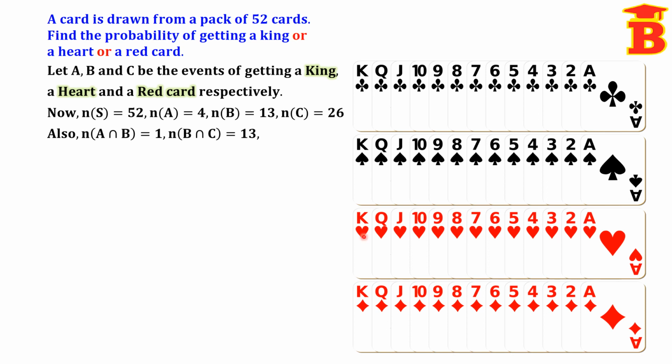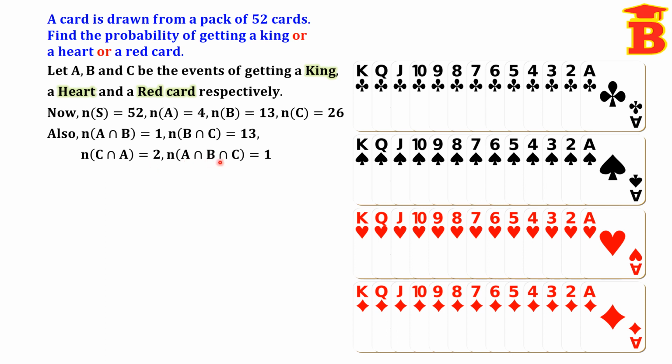So heart symbol, red color, there are 13 cards. So n of B intersection C equal to 13. Next, C intersection A, red card and king. So in red color there are 2 kings. So n of C intersection A equal to 2.